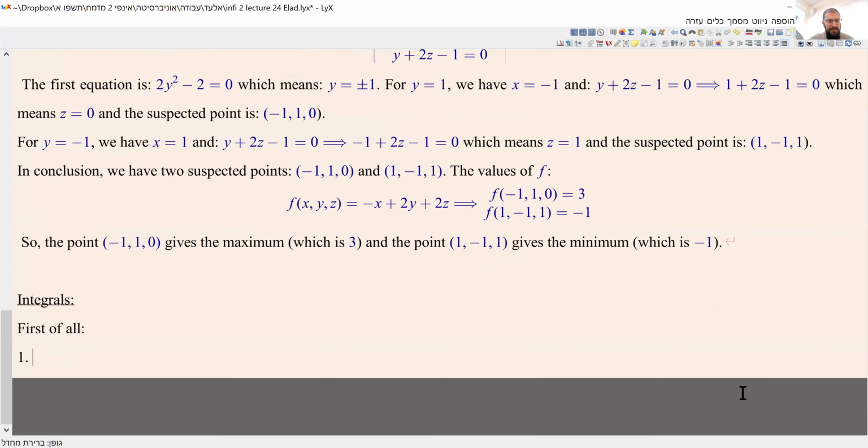First of all, we only discuss definite integrals. The final answer is a number. It can be a parameter if the question has parameters, but it is a number.